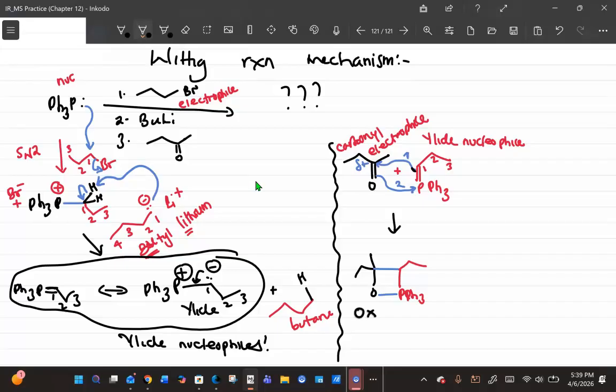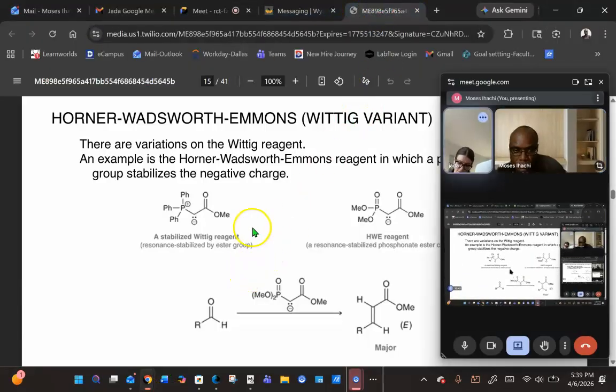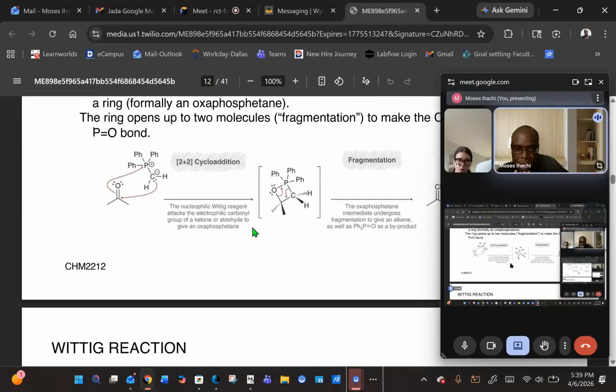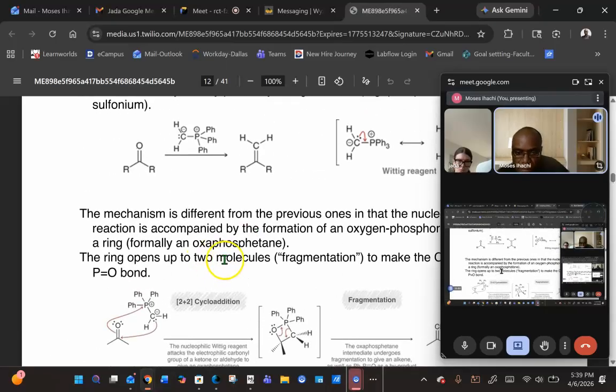Let me see if they spelled it right, but it's oxaphosphetane intermediate. If I'm not wrong, that's how I put it in my website. Let's see what you have in your notes. A weird thing. Yeah, I hope they gave it a name. Most of these authors don't give it the proper name. Yeah, oxaphosphetane. It's me who's misspelled it this time around. Oxaphosphetane, A and E.